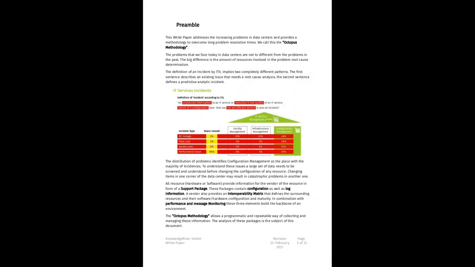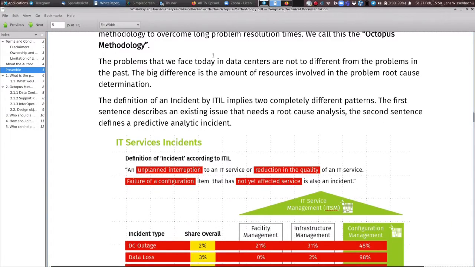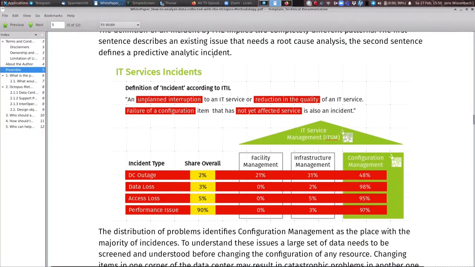When we come to the preamble, I usually go in and explain a little bit about the IT service incidences as described by ITIL. These two sentences are the keys for understanding what needs to be done in an infrastructure.